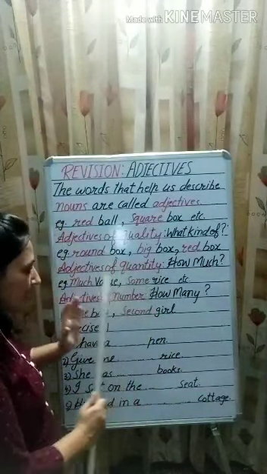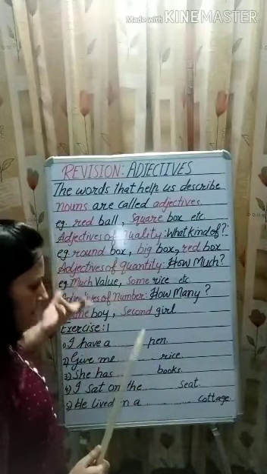Now look at the example, 1 boy. My dear students, here the adjective 1 tells us the exact number of the person. The second kind is ordinal, which denotes the order of a person or a thing.